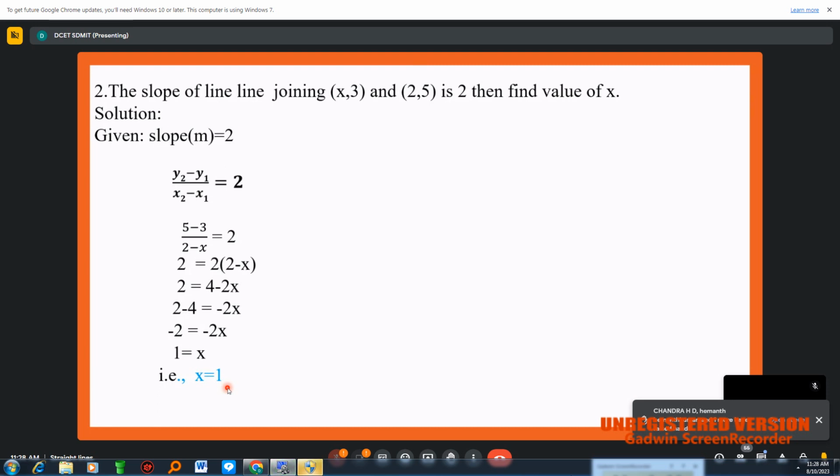So any doubt in this problem, anyone? So shall we move on to the next one?